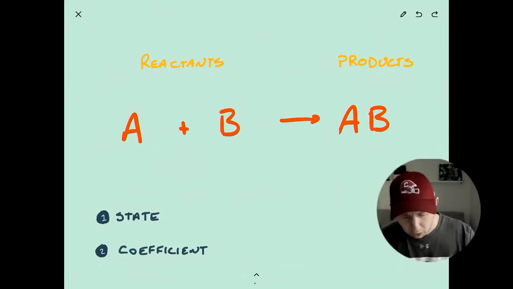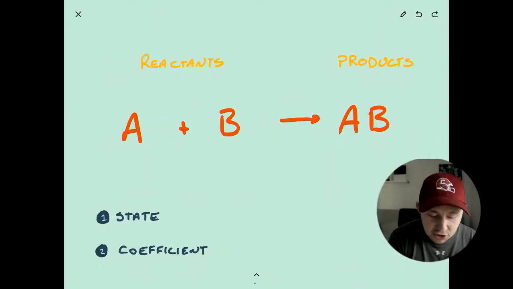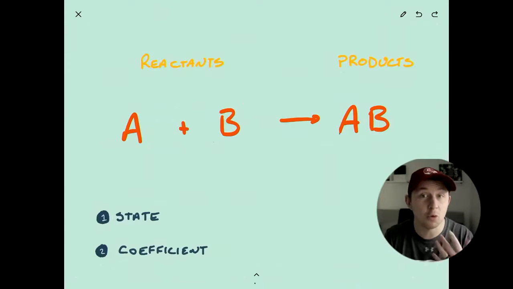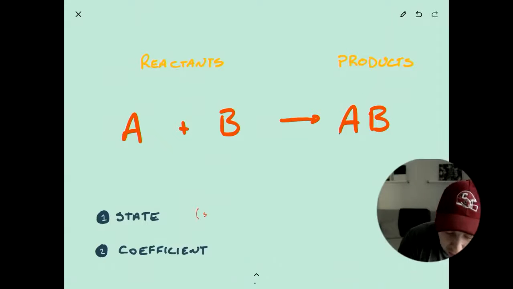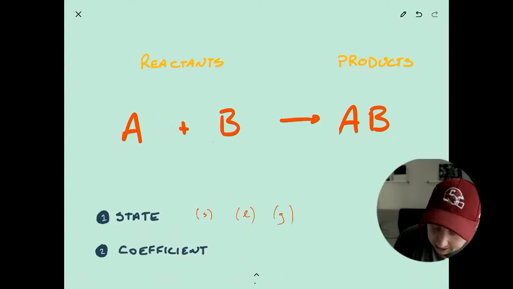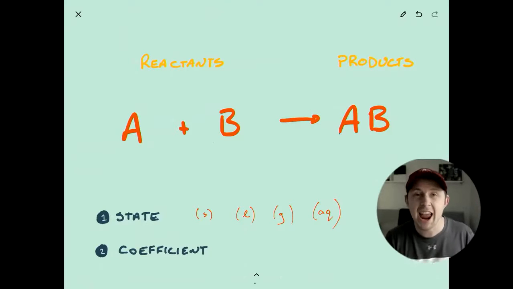Now, over the course of the next two videos, we're going to look at these two things here, something that every reaction formula needs. One, we need to talk about the state in which that particular compound exists. So remember, we've talked about solid, liquid, gas, and then we added this one in when we talked about acids and bases. We talked about aqueous.